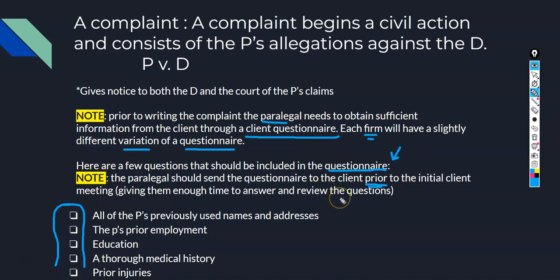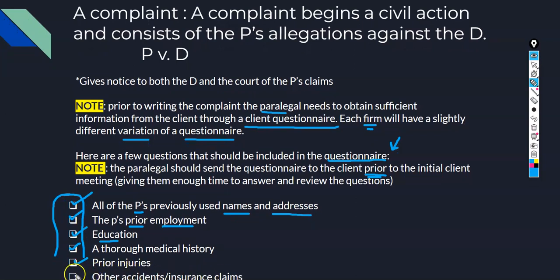Some important questions included in the questionnaire should be all of the plaintiff's previously used names and addresses, if any, the plaintiff's prior employment, any education that the plaintiff has, a thorough medical history, prior injuries, and also other accidents or insurance claims. We'll take a look at a sample one to show you exactly what this means. But these are really important to have in your questionnaire before you actually meet with the client one-on-one.